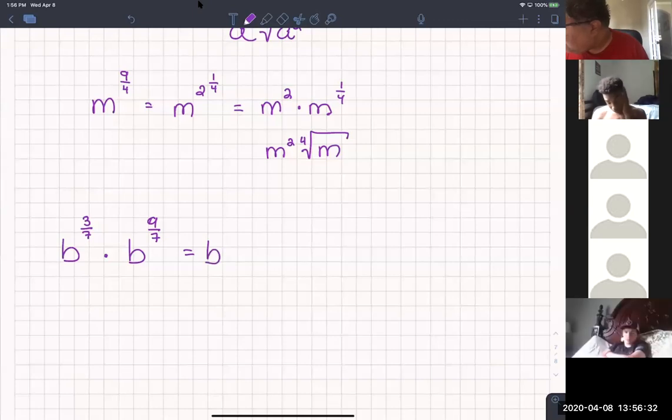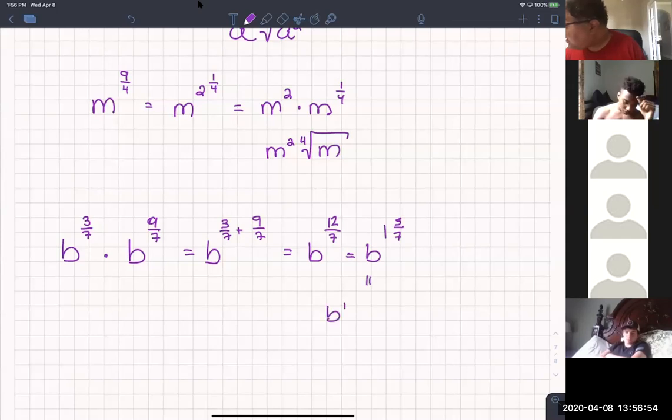So this is b to the 3/7 plus 9/7, which is b to the 12/7. So if you write this as a mixed number, that's b to the 1 and 5/7, which is equal to b to the 1 times b to the 5/7. So that's b times the seventh root of b to the 5th.